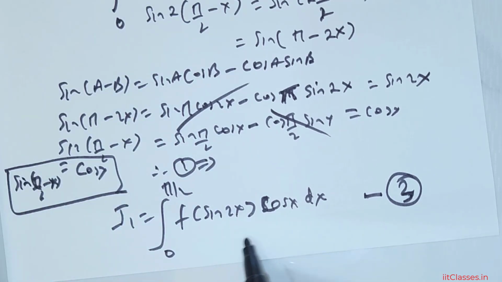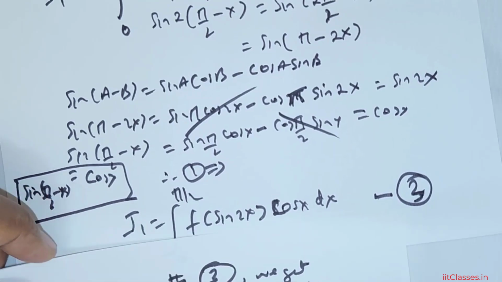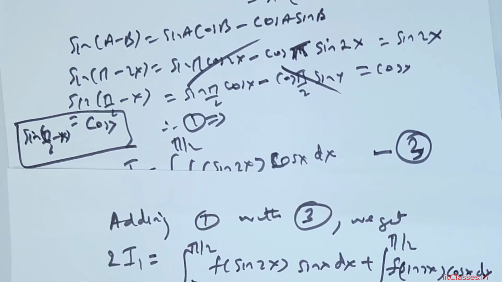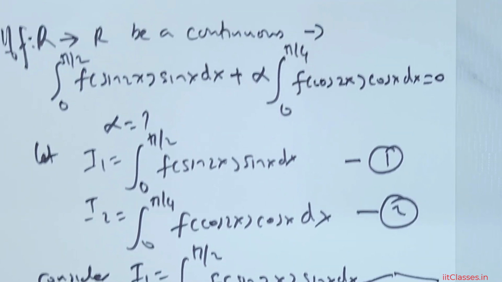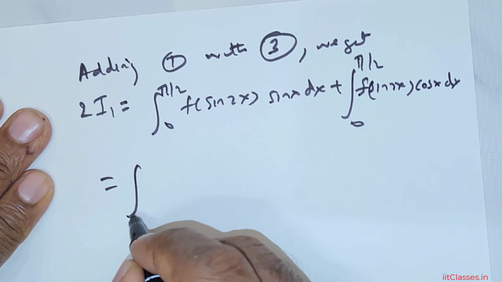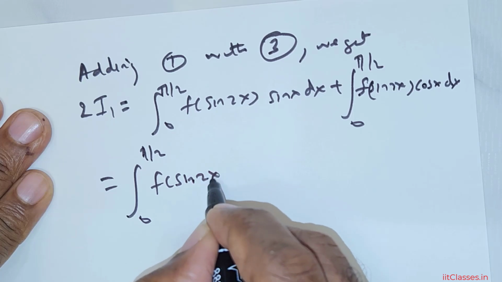This is the next one, integral 0 to pi over 2 of f of sine 2x times cos x dx. Okay, I hope you are catching it. Now this can be rewritten as integral 0 to pi over 2 of f of sine 2x.